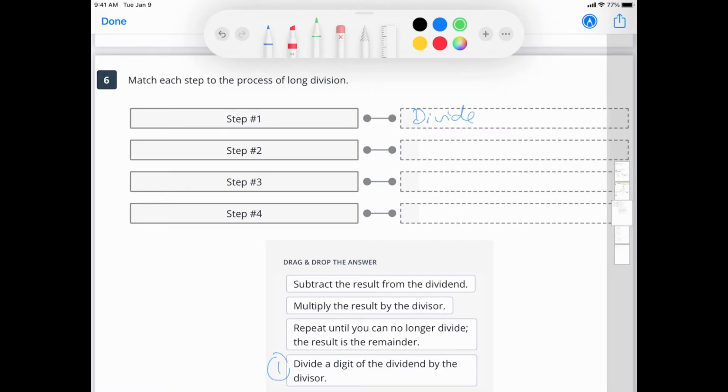And then second, you're going to multiply. And then thirdly, you're going to subtract. And then lastly, you will repeat. Bring down and repeat, right?